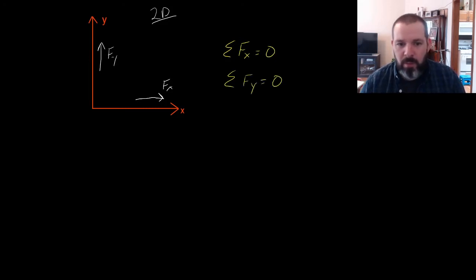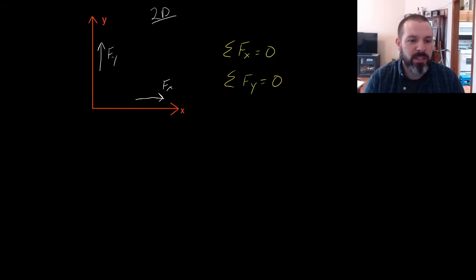Now, before we had moments acting around each of the axes, but a moment acting around the x-axis is acting in the yz plane. So it's not acting on the 2D plane we're looking at. So generally, we do not consider the moments around the x or the y-axis because they act out of the 2D plane we're looking at.